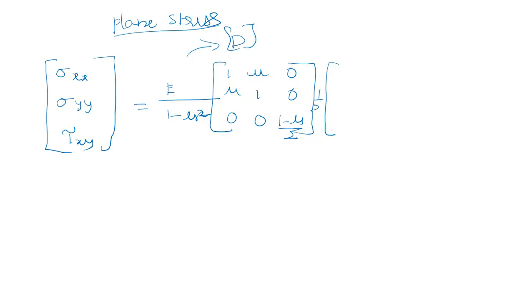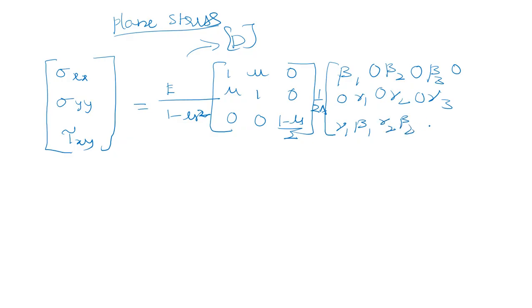1 by 2A, the formula for the B matrix: beta 1, 0, beta 2, 0, beta 3, 0, and 0, gamma 1, 0, gamma 2, 0, gamma 3, and gamma 1, beta 1, gamma 2, beta 2, gamma 3, beta 3, multiplied with u1, v1, u2, v2, u3, v3.